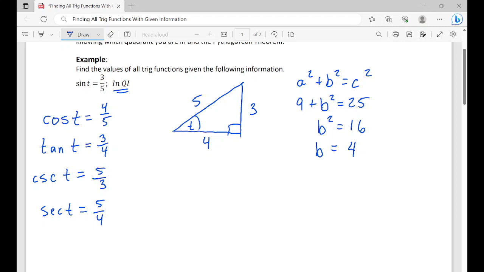And then last is cotangent t, and that's just tangent reciprocated, so that's 4/3. And there's all my trig functions for this problem. Make sure once you're done, double check your quadrant and that you haven't gotten the signs incorrect. Since we're in quadrant 1, all of these are positive, so we're good here.